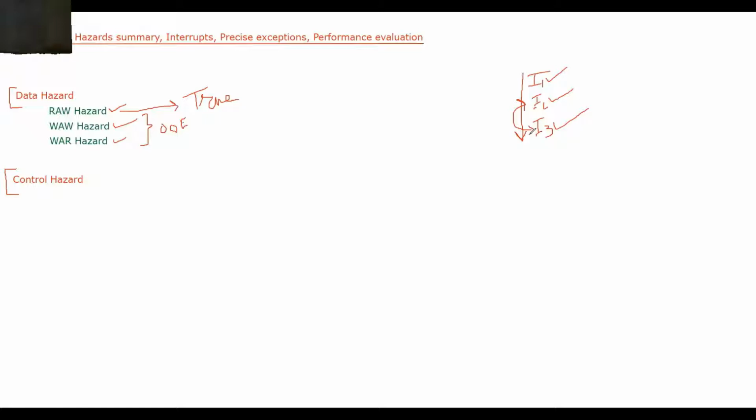However, my final output should not change. Then it is called out of order execution. And if we are allowing out of order execution in our pipeline, then these two hazards have to be handled.